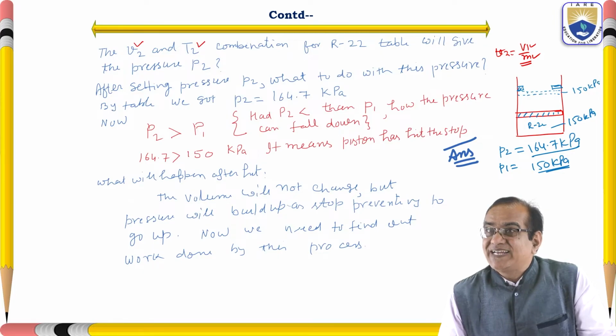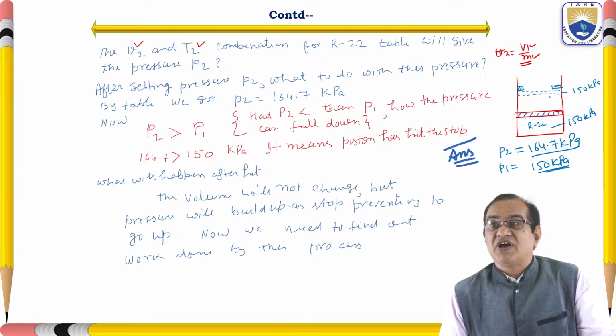But as and when it hits, the volume will remain constant, and at constant volume the pressure will increase. It means it has really hit. That is the question which is asked, whether it is hitting or not.